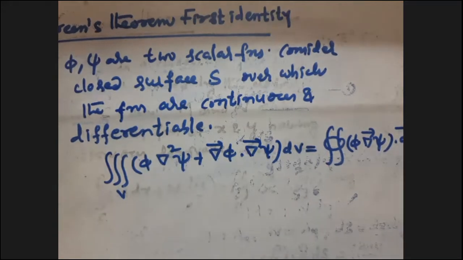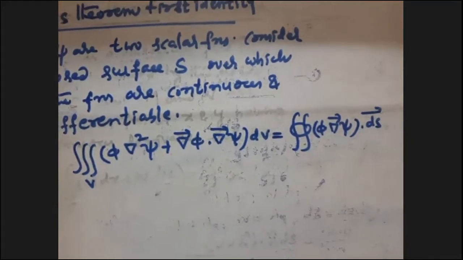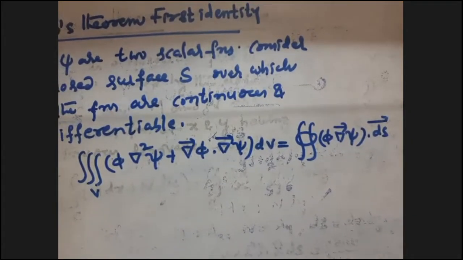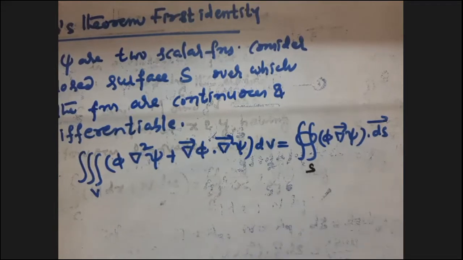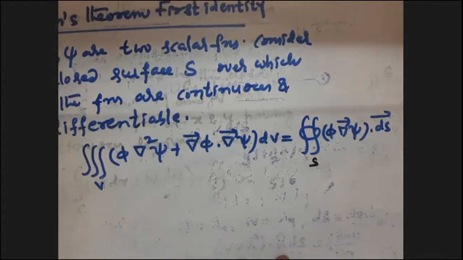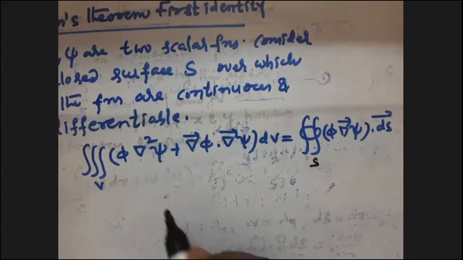This is the expression of Green's first identity. What is that? The volume integral of phi del square psi plus del phi dot del psi dV equal to the surface integral of phi del psi dot dS bar.